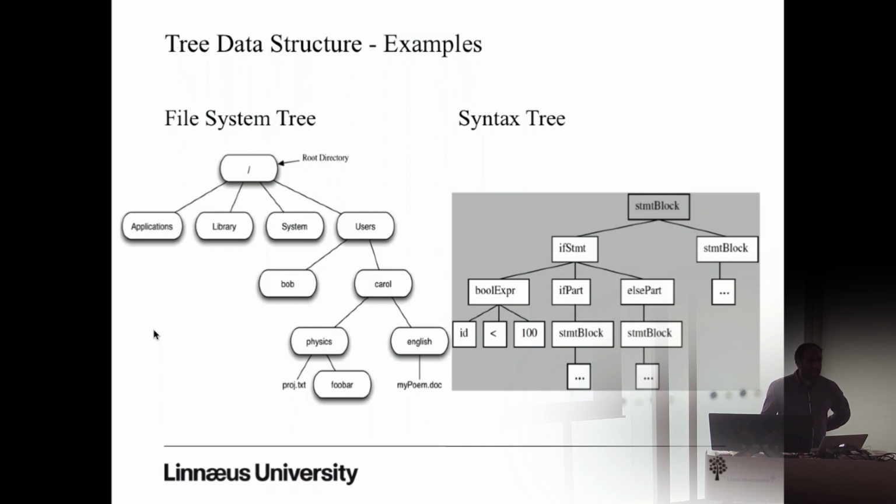So basically data where you have hierarchical relationships, with one starting point and then several branches, and on each branch you can have sub-branches.